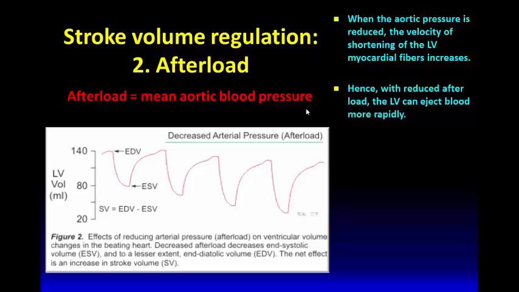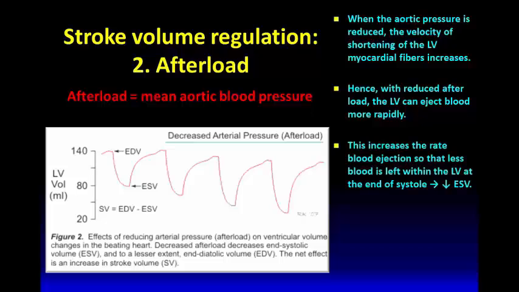Hence, with reduced left ventricular afterload, the left ventricle can eject blood more rapidly, and this increases the rate of blood ejection into the aorta, so that now less blood is left within the left ventricle at the end of systole, resulting in a decrease in systolic volume. Accordingly, stroke volume increases as a result of the decrease in the end systolic volume.